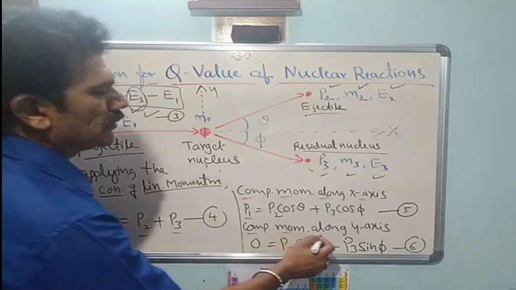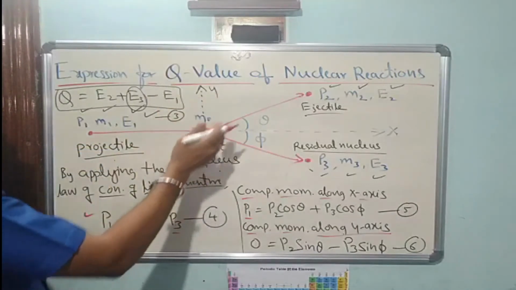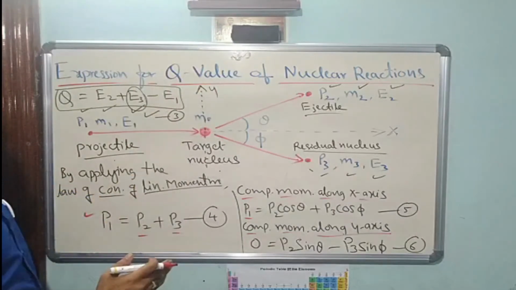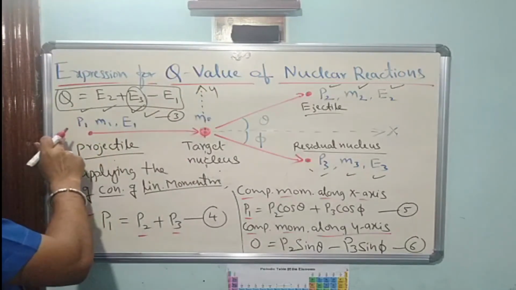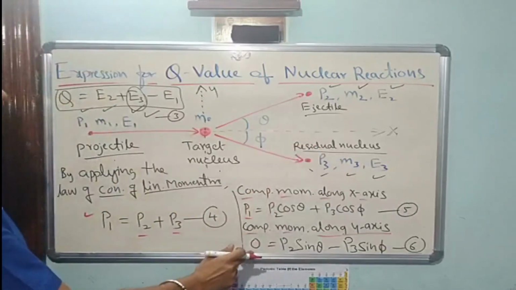Similarly, the component momentum along the y-axis. Components are resolved along the x-axis as well as along the y-axis. What are the components along the y-axis? Of course, the projectile is not moving along the y-axis at all. It is moving only along the x-axis. So on the left hand side we have 0.